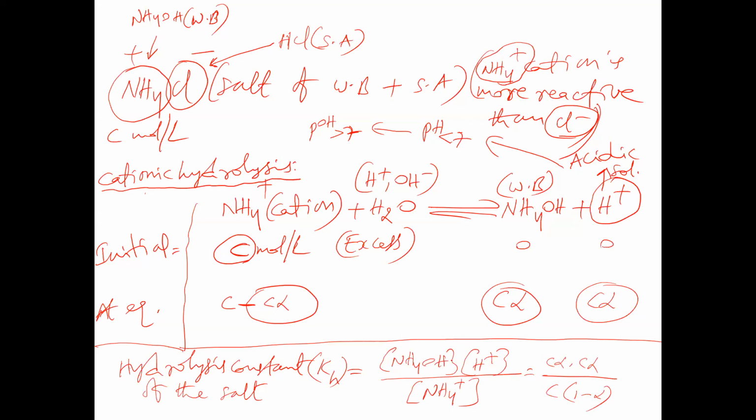Here C and C get cancelled, leaving C alpha square by 1 minus alpha. Therefore, KH is equal to C alpha square by 1 minus alpha.